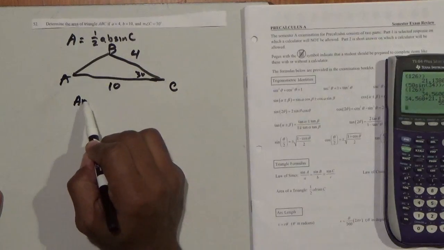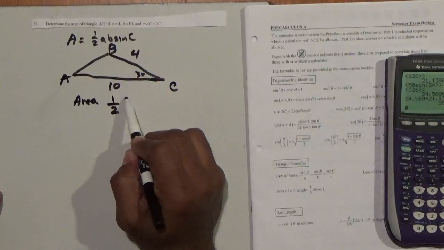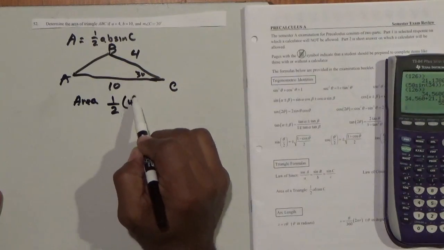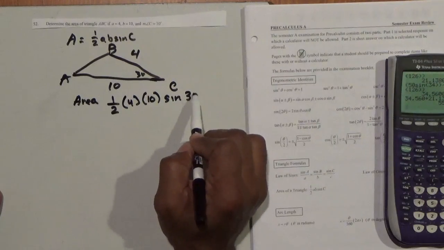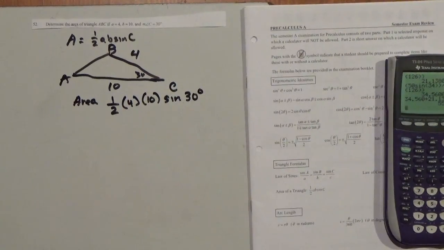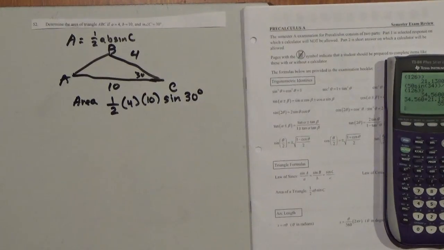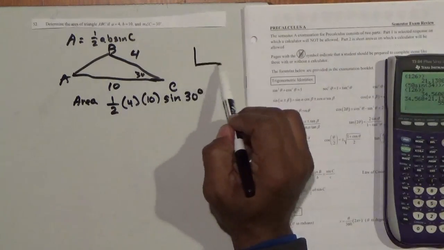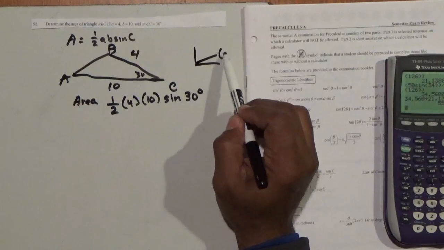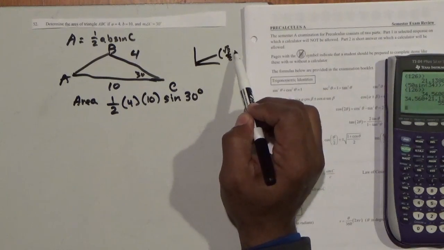So we say that the area is 1/2 times 4 times 10 times sine 30 degrees. You could punch it in the calculator if you want, or you can go to your trusty unit circle and know that sine 30 is equal to 1/2.